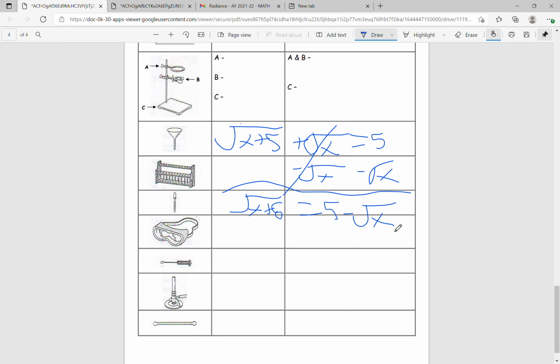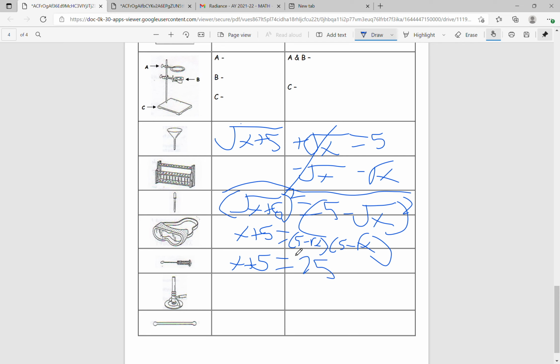Now, at this point, we're going to square both sides to get rid of the square root, because all we're going to have on the left side is just x plus 5. Here, we're going to have to FOIL. So we have x plus 5 is equal to 5 times 5 is 25.